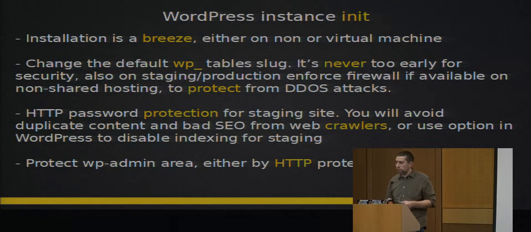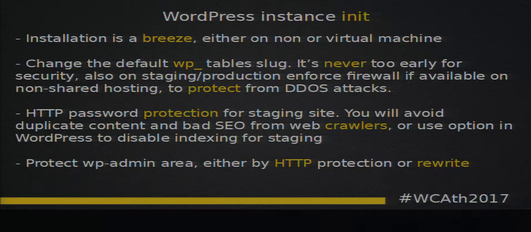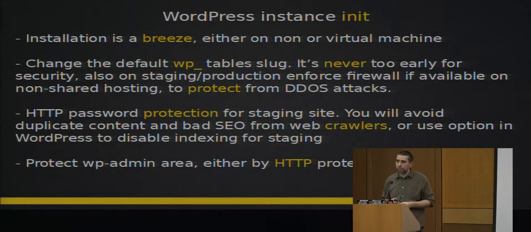For example, change the default WP table prefix. It's never too early for security, and one thing hackers count on is knowing exactly what the prefixes for a WordPress database are. Change them and beat them at their game.